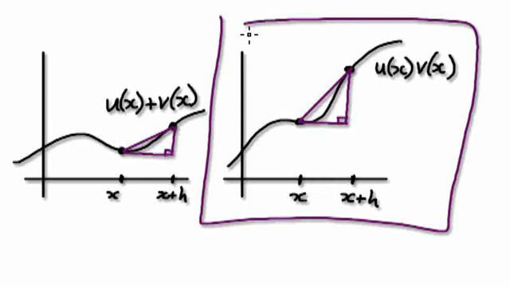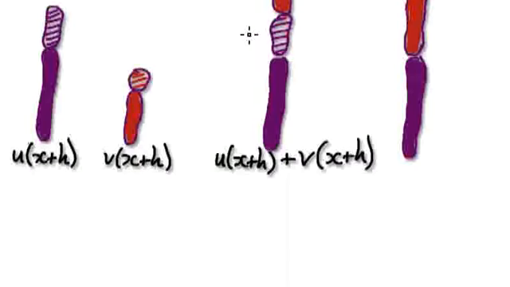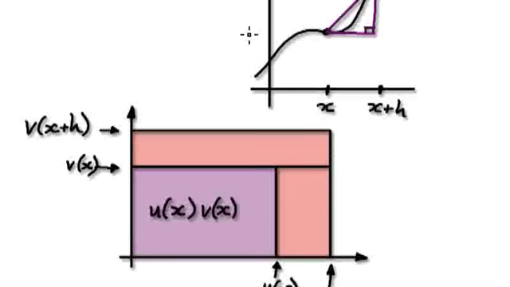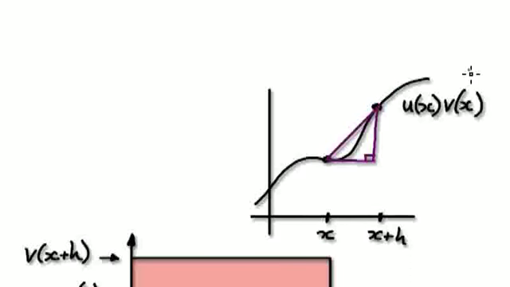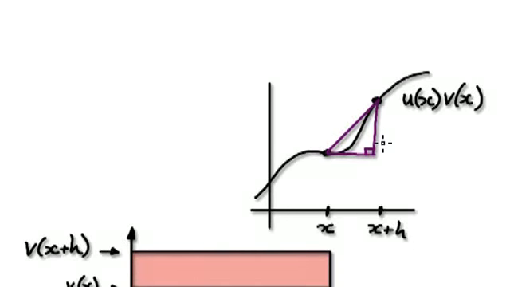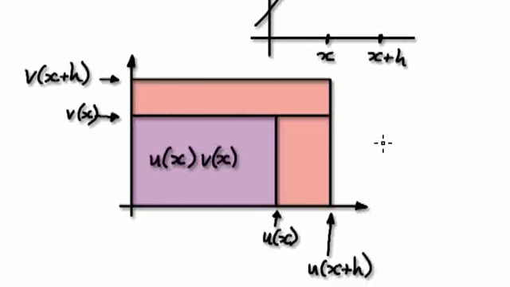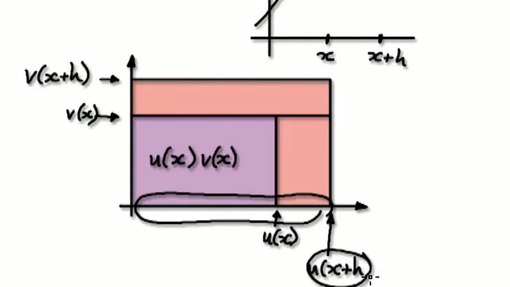Now when it comes to the product of the two, it becomes quite complicated, because bear in mind that this graph here is the product of the two, this thing multiplied with this thing. Now if you want to find out delta y here, this height here, you've got to visualize it like this. So normally your v of x is like this. Okay, so your u of x is here, and then this whole thing here is your u of x plus h.